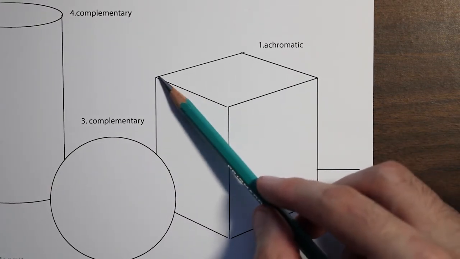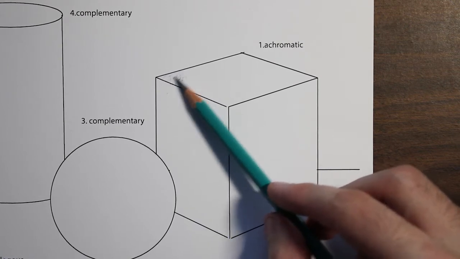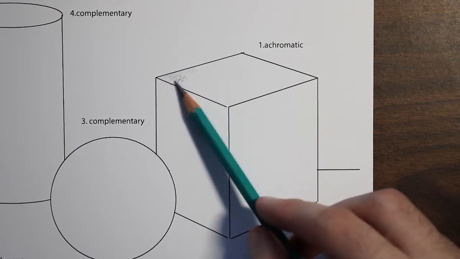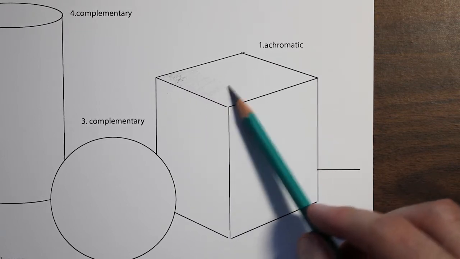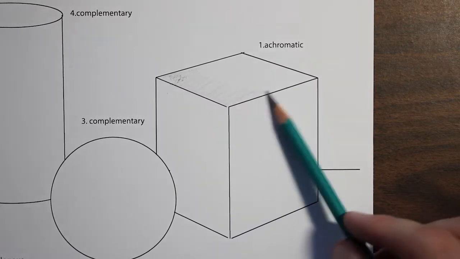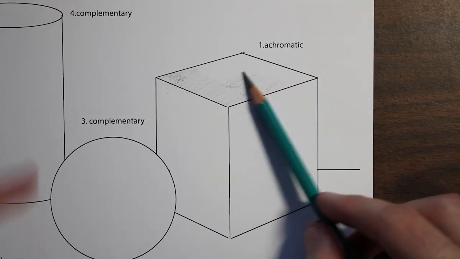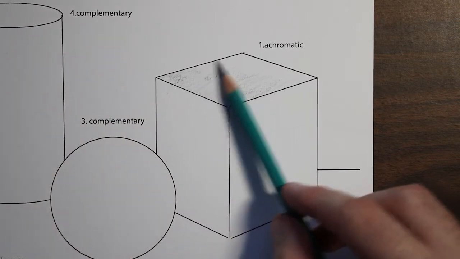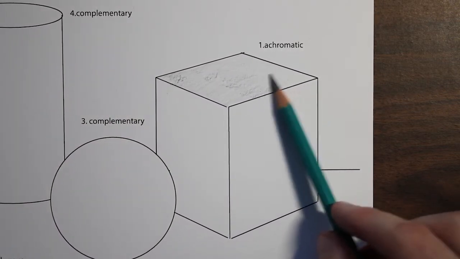Our first layer is going to be very soft, so just rest your pencil in your hand and gently add in that value. Like I showed in the real example, we're not going to be keeping this top area a solid white. We're going to make sure that it's just a very, very light value.